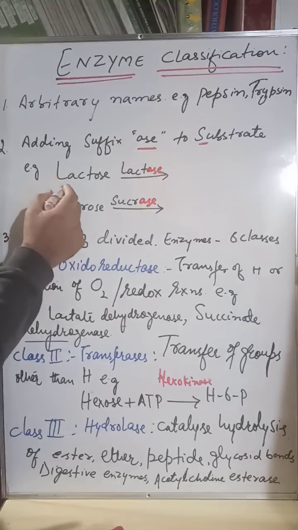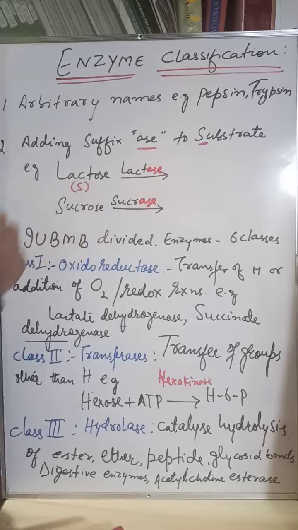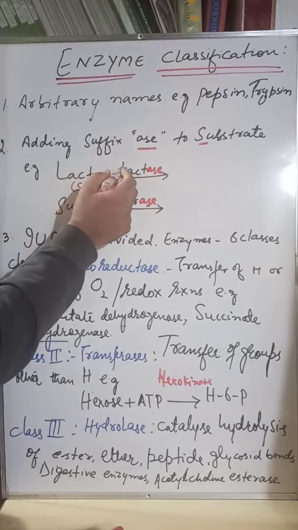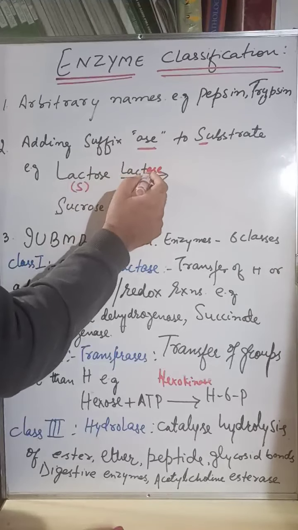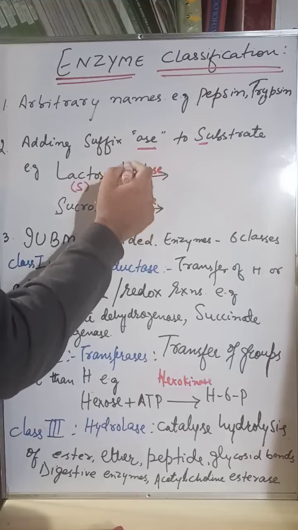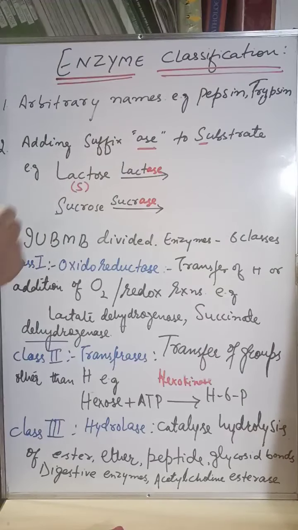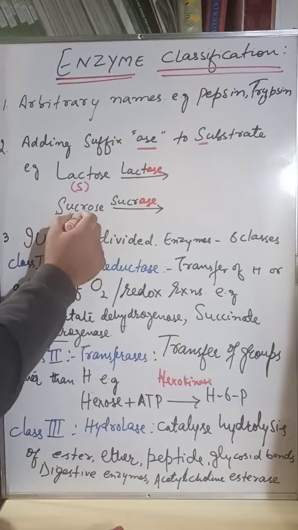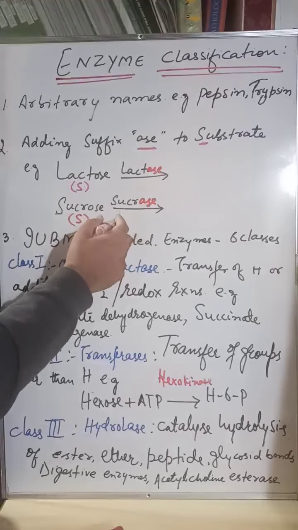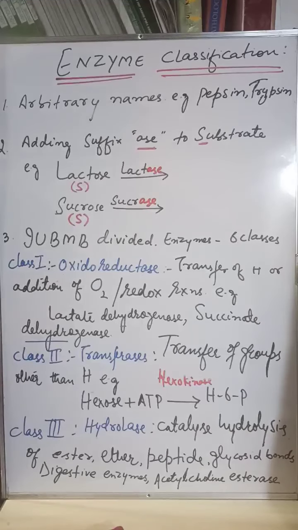For example, there is a substrate lactose. Lact was kept there and -ase was used as a suffix, so the enzyme got its name lactase. Similarly, sucrose is a substrate, and the enzyme is sucrase. Similarly, there is maltase, there is dextrinase.